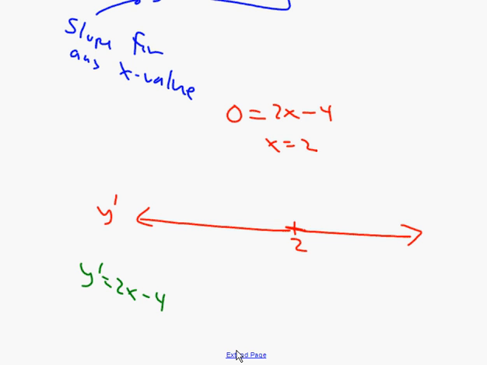So for example, if I pick any number you want over here to the left of 2, let's say we pick x equals 1. And if we sub that in here, y prime of 1 would be 2 times 1 minus 4, which is negative 2. And I'm not really worried about what it equals, but what I can say is that since it's equal to negative 2, that means that the slope is negative to the left over here.